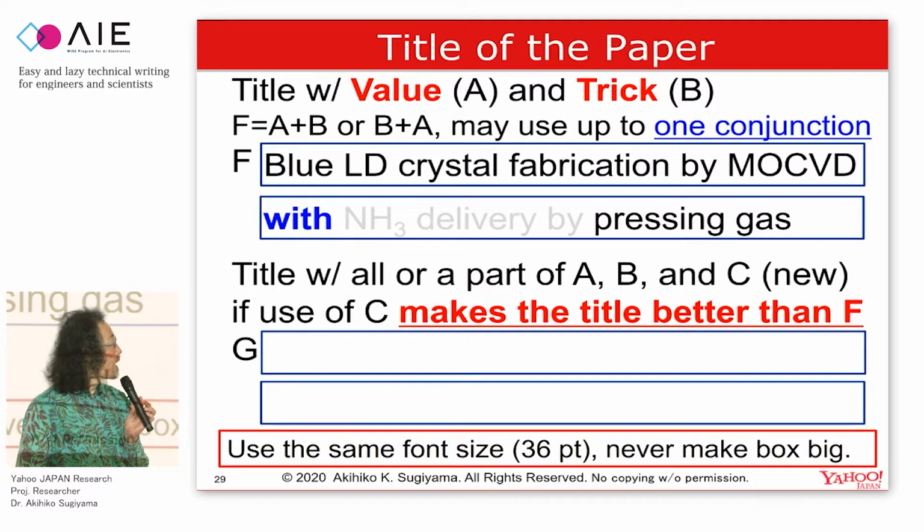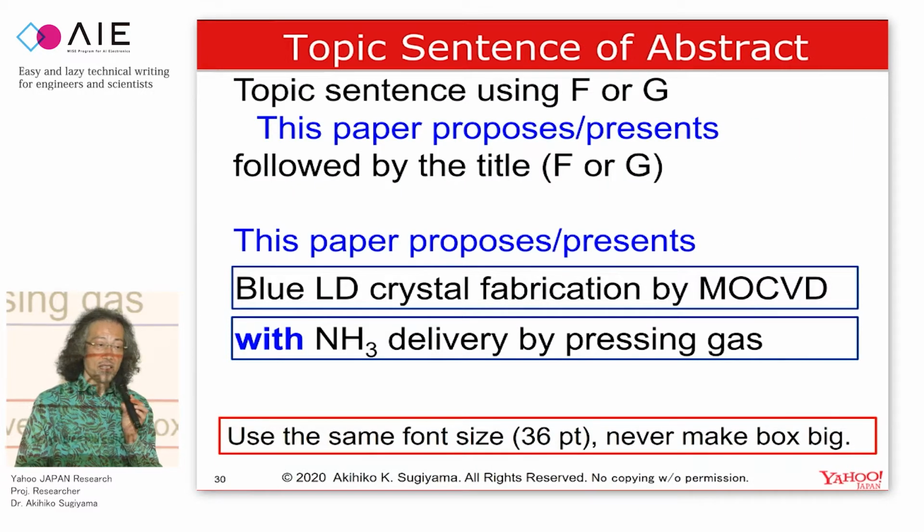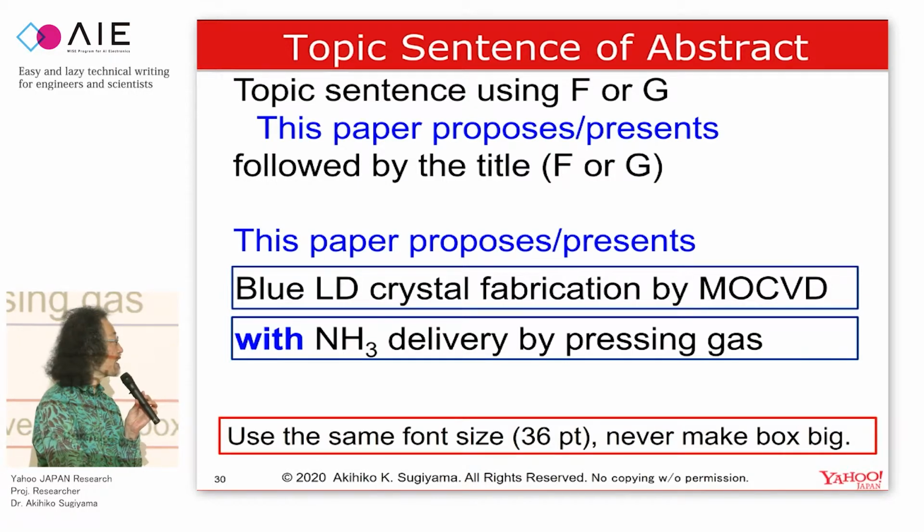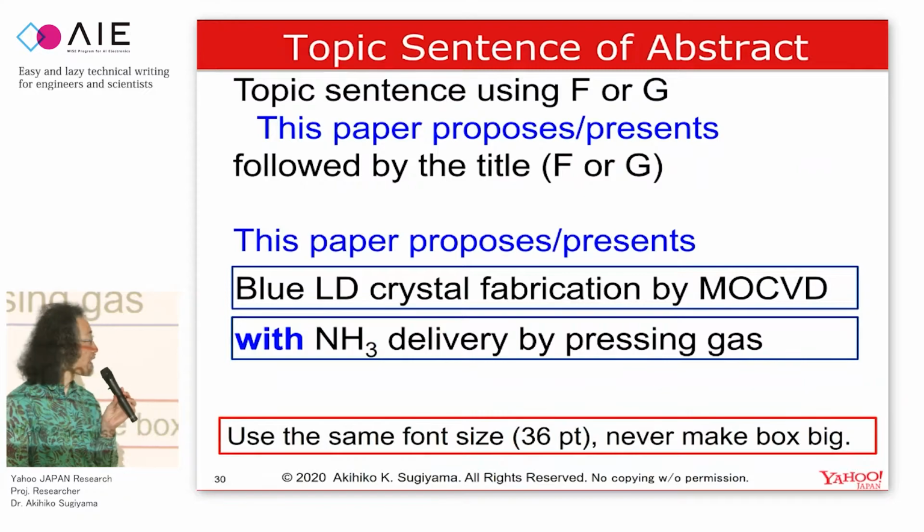Okay? And once you have obtained the paper title like this, as I said, all you have to do is to combine the leading phrase of the topic sentence. This paper proposes, in this case, let's use propose because this is a completely new technique.